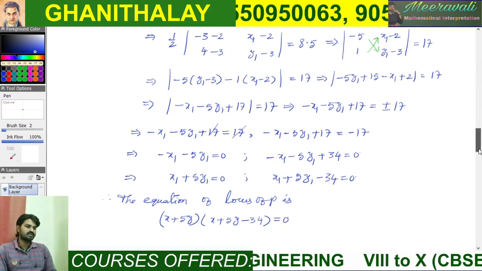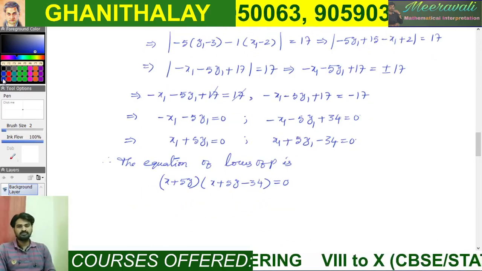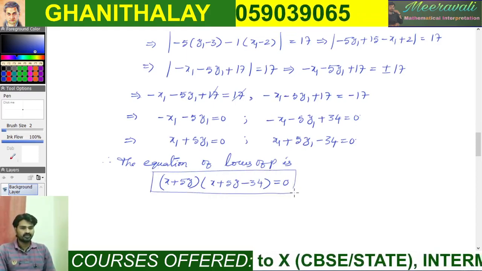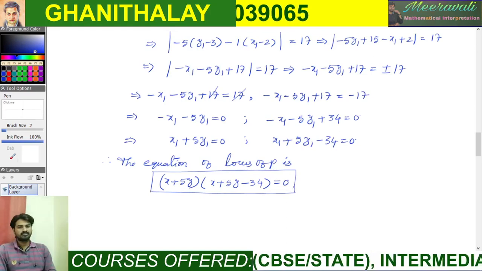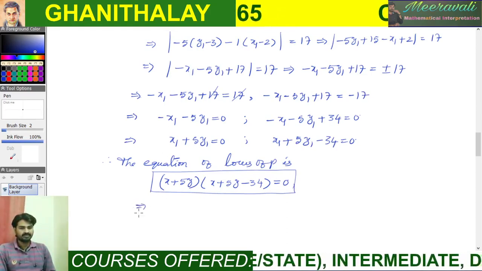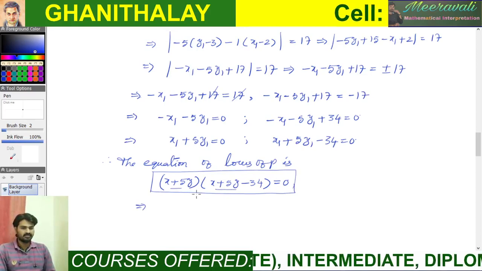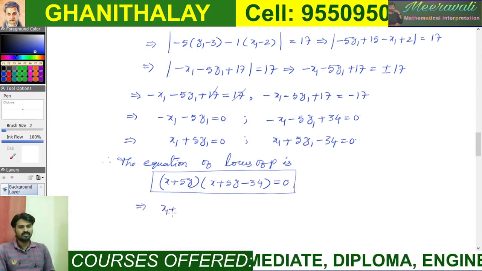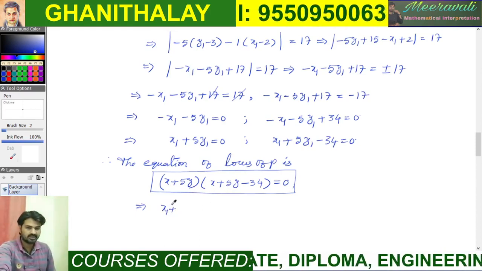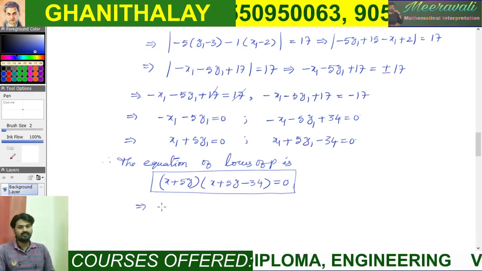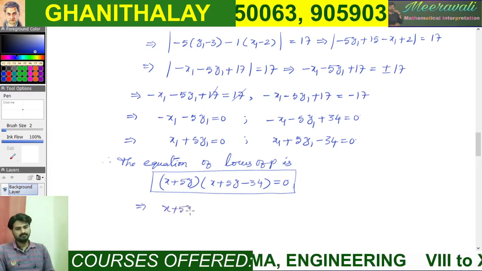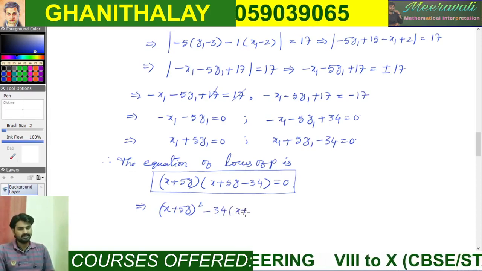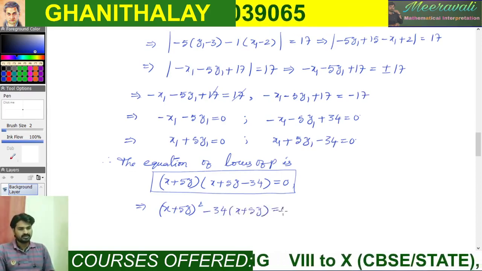This is the answer. So if you want to do more steps, you can simplify this one. Suppose this can be taken as a, then a into a minus 34, that is a square minus 34a. How much will you write? x plus 5y whole square minus 34 into x plus 5y is equal to 0.